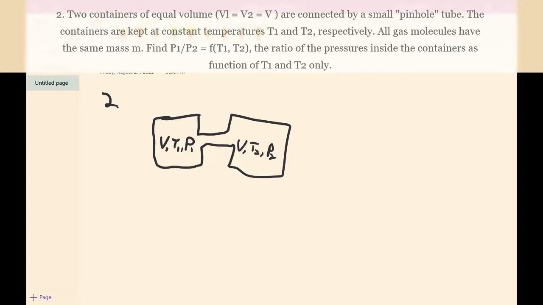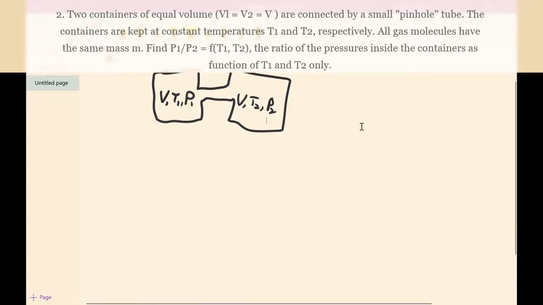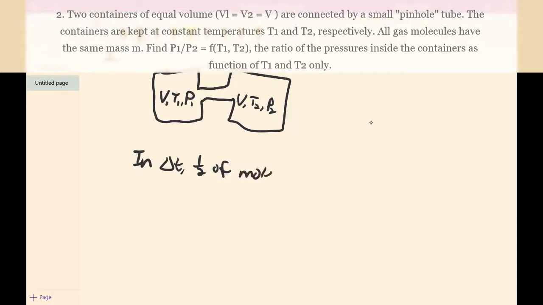Okay, so to do this problem, we can recognize that in a time delta T, 1/2 of the molecules within the distance v times delta T will enter the pinhole.